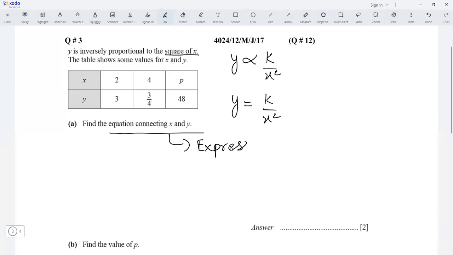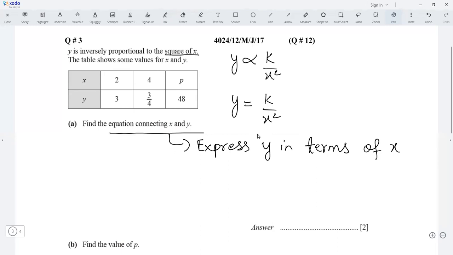Sometimes if they mention the equation connecting x and y, it is the same as the expression. If they say express y in terms of x, it is the same thing as the equation connecting x and y, because the expression of y in terms of x is y written first, as mentioned in the question.